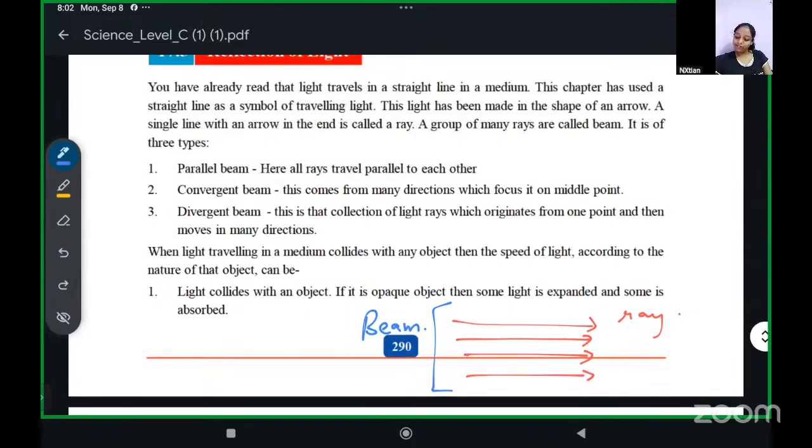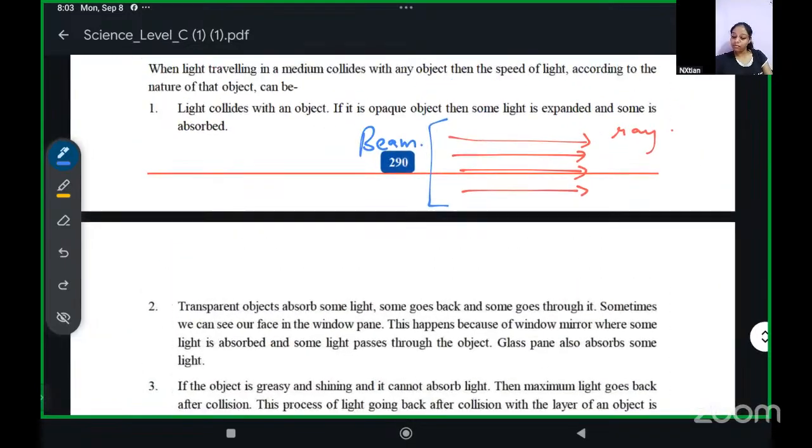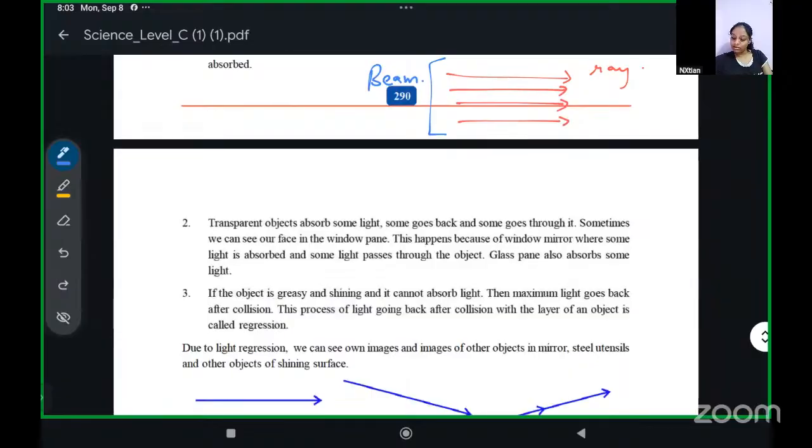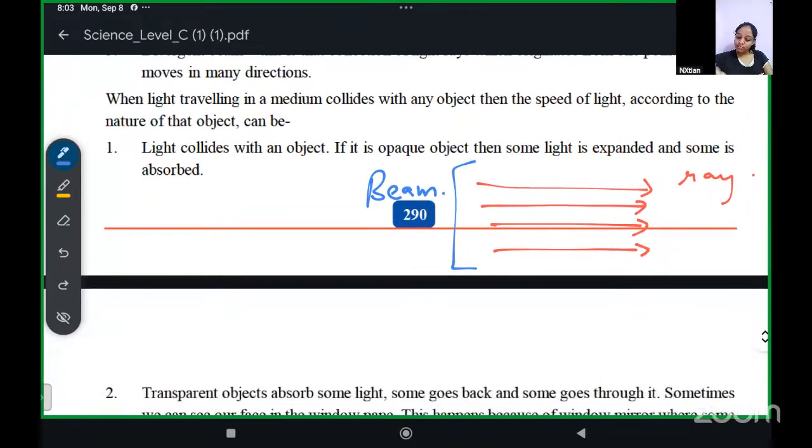Now, when light traveling in a medium collides with an object, what happens depends on the nature of the object. If the object is opaque, then some light is reflected and some is absorbed.